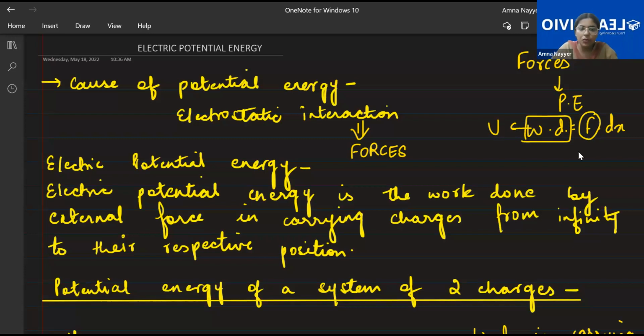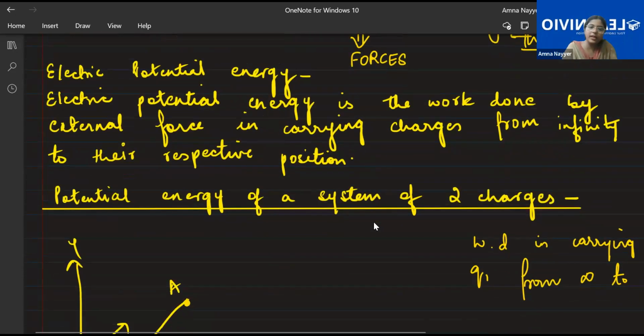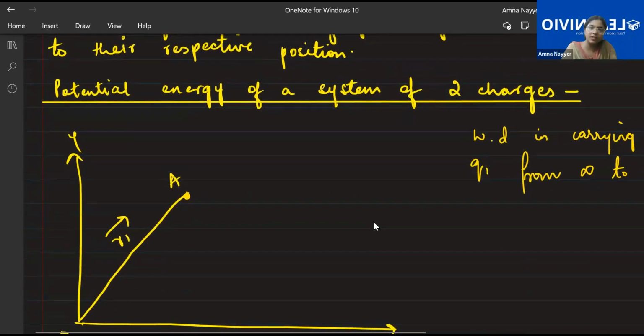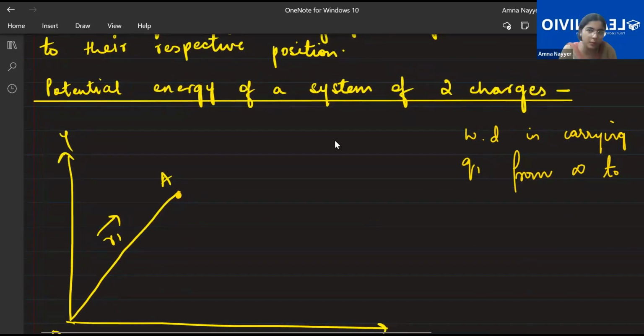All right. So can we move towards how to calculate potential energy between two charges? Any queries? Yes, infinity to a particular point.